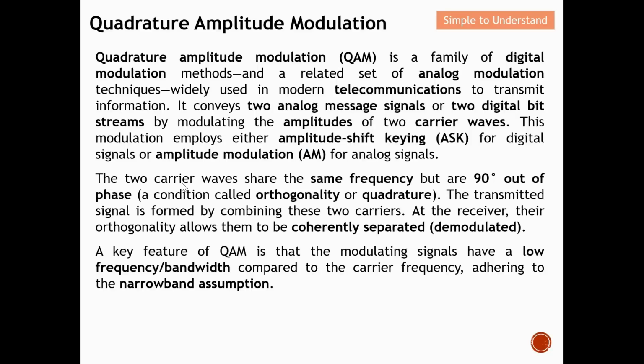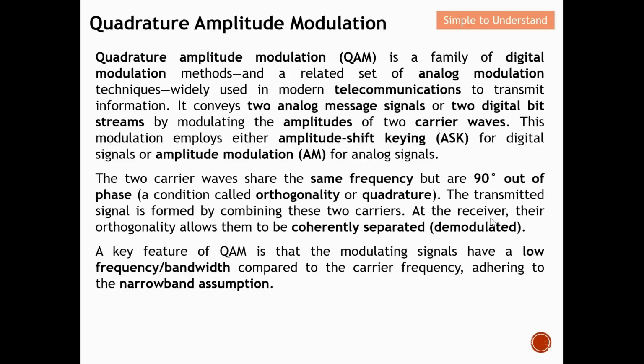The two carrier waves share the same frequency, but are 90 degrees out of phase. So basically this is a condition called orthogonal or quadrature. The transmitted signal is formed by combining these two carriers.